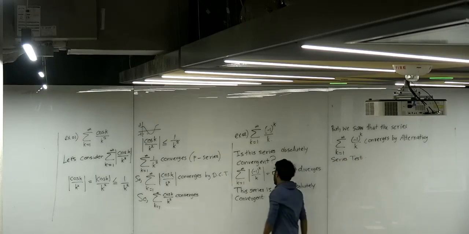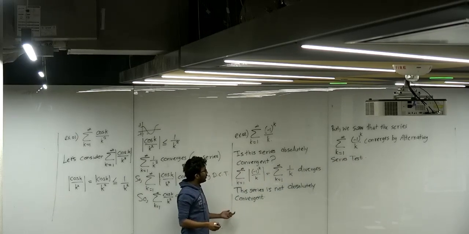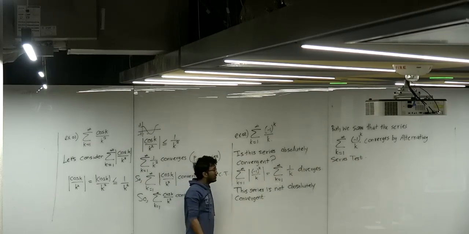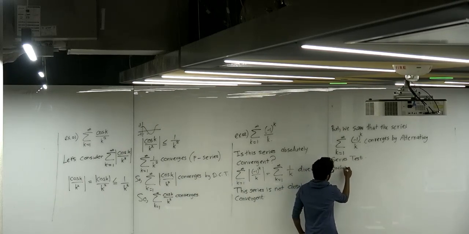So what is the conclusion? The conclusion is there are some series that are not absolutely convergent, but they converge. Okay? So what is the conclusion from this example?